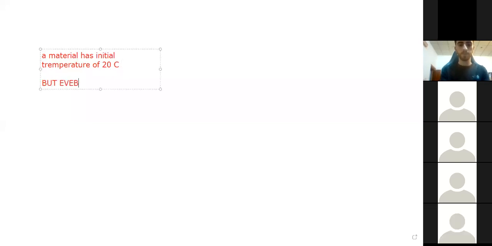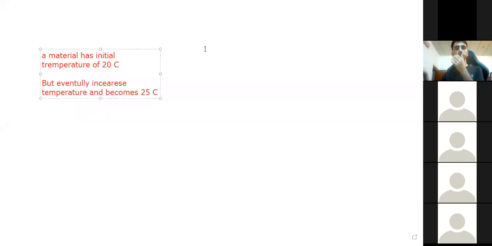But eventually, it increases in temperature and becomes 25 degrees Celsius. So in this case, you have a material, the initial temperature for the material is 20 degrees Celsius, but the final temperature is 25 degrees Celsius.